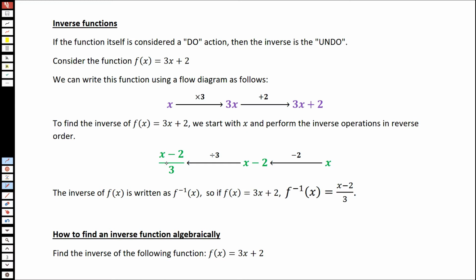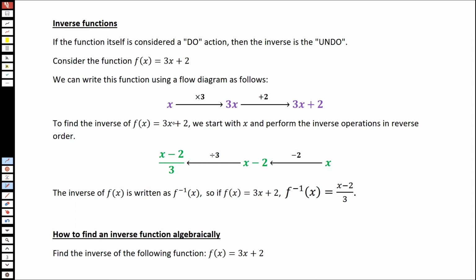So basically what we are saying here is that if we are given a function, say f of x, we can work out the inverse of that function. Now the notation for the inverse function is this: f to the power negative 1 of x, but it's called the inverse of f of x.